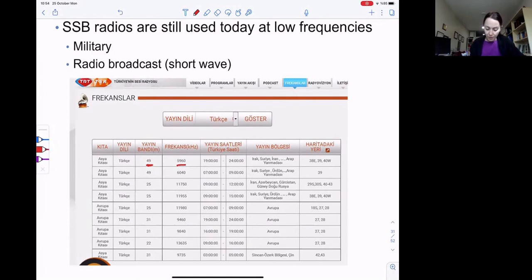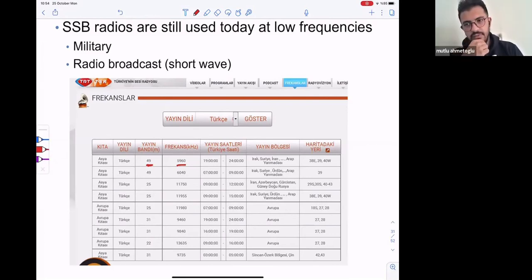Okay. So why do you think these low frequencies, like low megahertz range, are used for long distance radio broadcast? It's an easy electromagnetics question. Range increase. Yes, please.